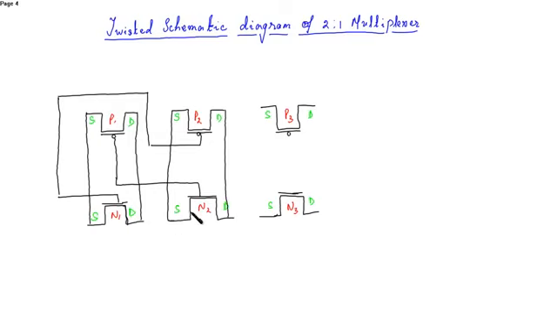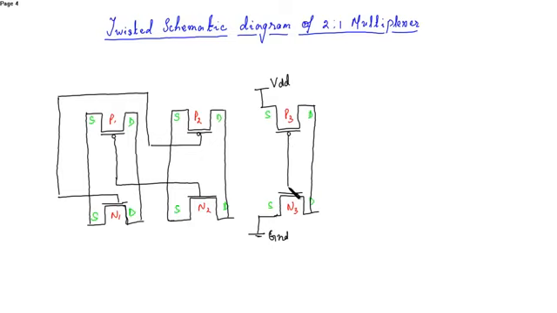Source to source, drain to drain. Now the source of the PMOS of the inverter is connected to VDD and the source of the NMOS is connected to ground. The two drains are shorted, so connect this.